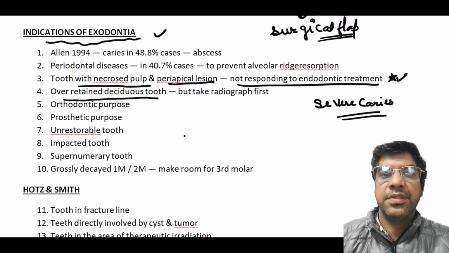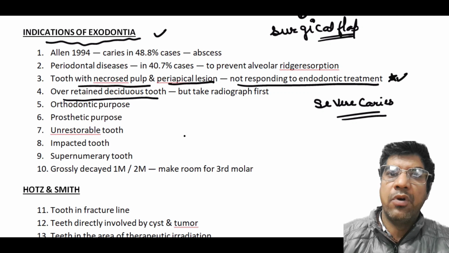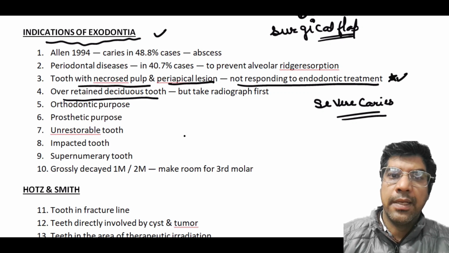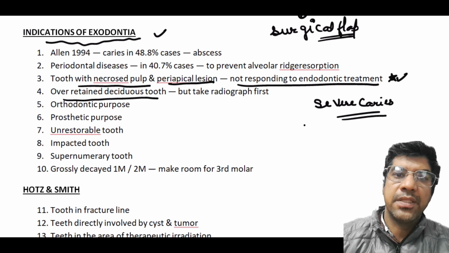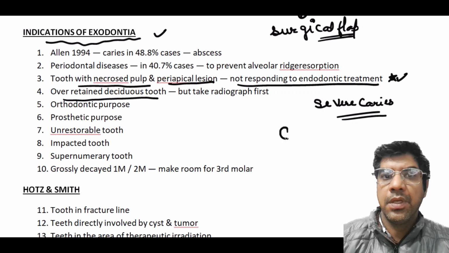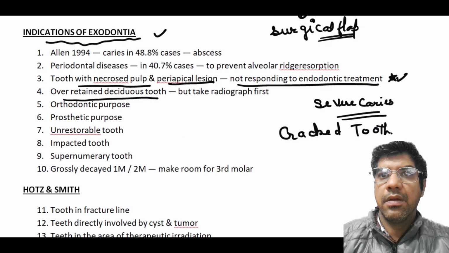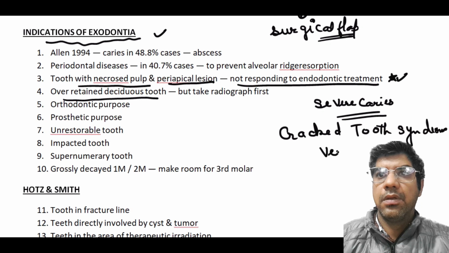Other causes could be teeth directly involved in pathology like cyst or tumor, teeth with a poor prognosis in case of radiation therapy, and teeth with vertical fracture or cracked tooth syndrome.